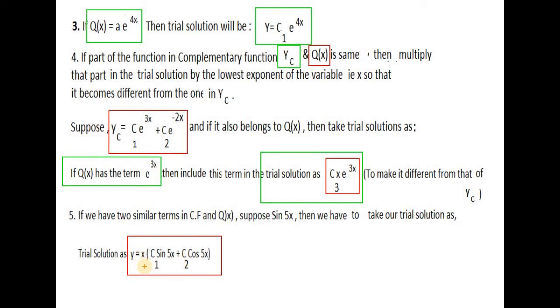The purpose of x here is to make it different from the similarity lying between CF and Q of x. If we have two similar terms in CF and Q, suppose that similar term is sin 5x, then we have to take our trial solution in this way. So these are the 5 points and we must remember them.